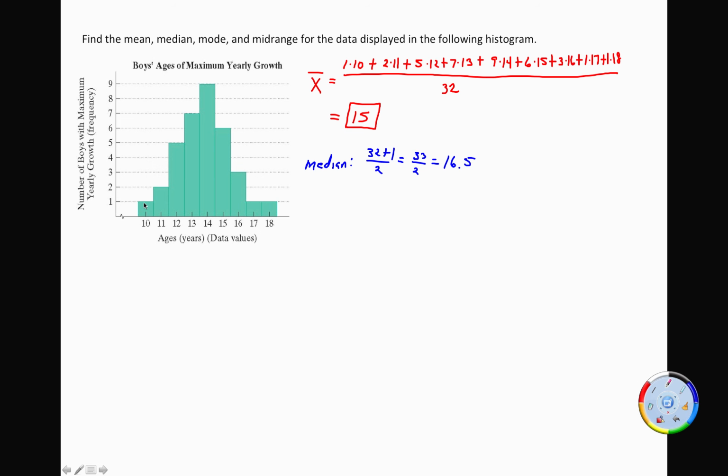So here's 1, 2, 3, 4, 5, 6, 7, 8, 9, 10, 11, 12, 13, 14, 15. 16 and 17 data items are both 9. So halfway between 9 and 9 is 9.